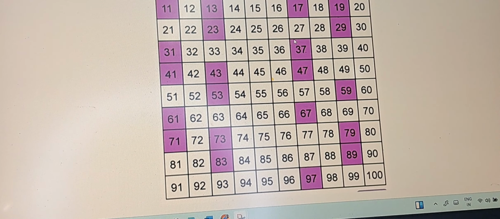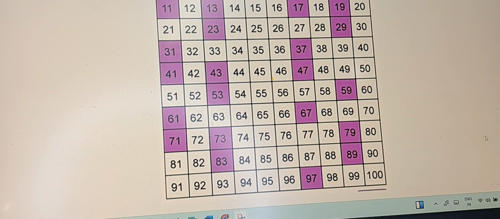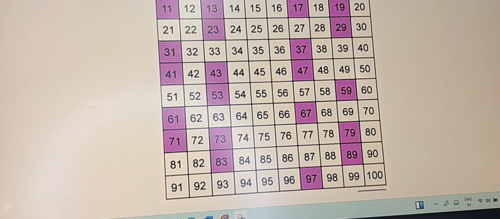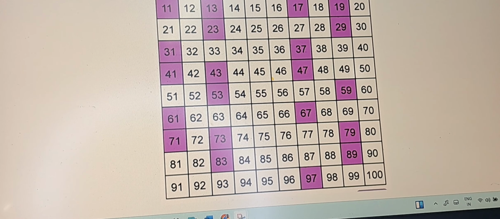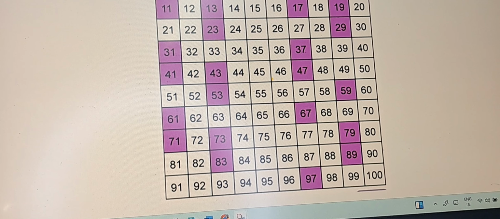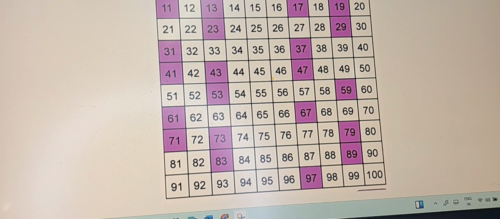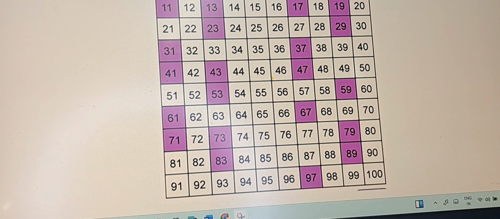Here are all the prime numbers between 1 and 100. It's very interesting, students. Let us check all the prime numbers first between 1 and 10. What are the prime numbers between 1 and 10? 2, 3, 5 and 7.